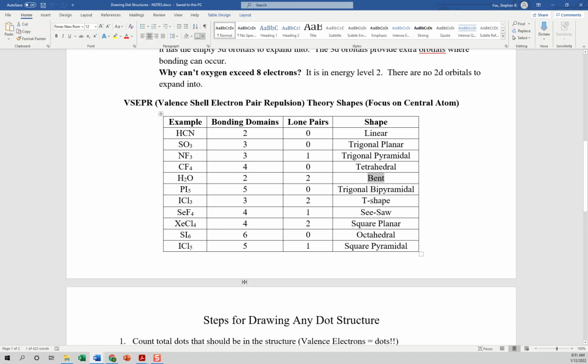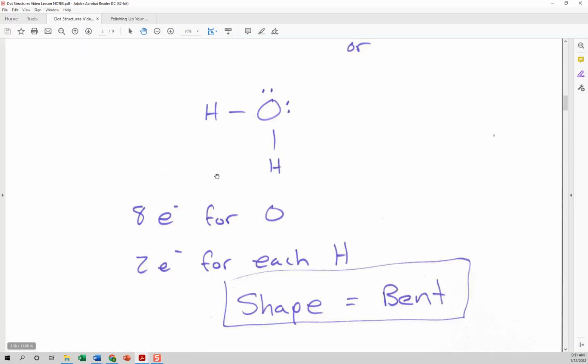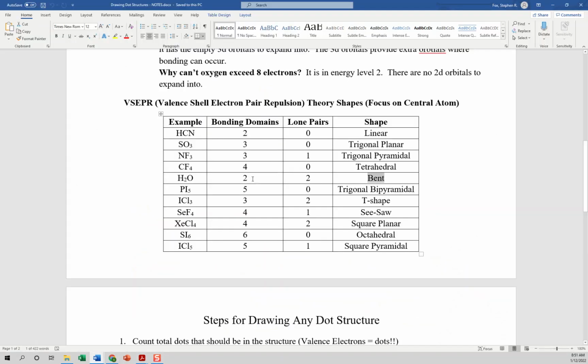You're going to get familiar with this chart, but until you do, you'll want to have it out to reference. If I ask what the shape of a molecule is, you'll say 2 bonding domains, 2 lone pairs, then go to the chart and see what shape it corresponds to. All right, but let's get back to dot structures.